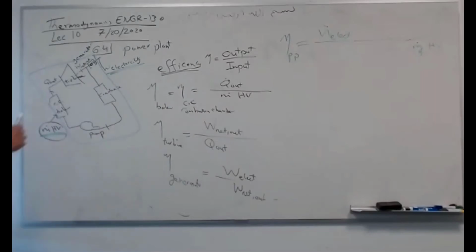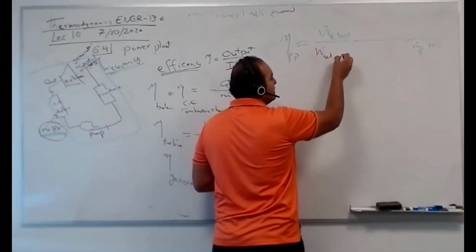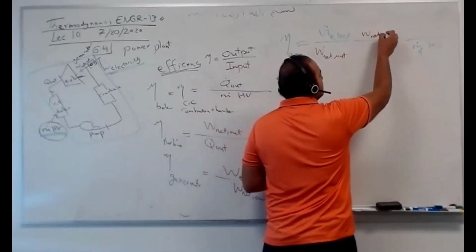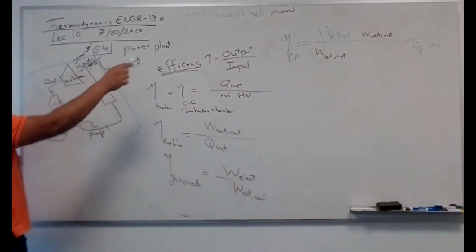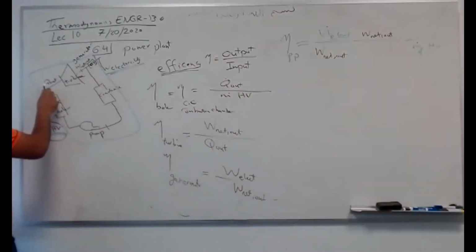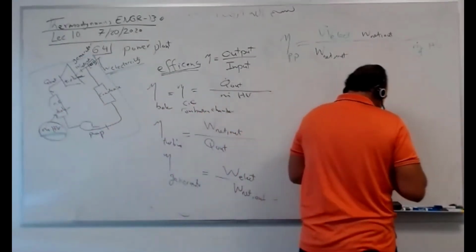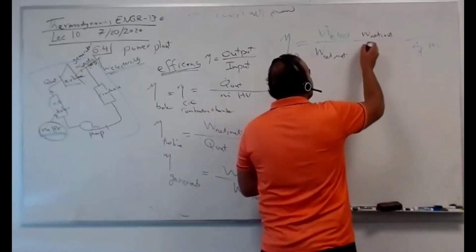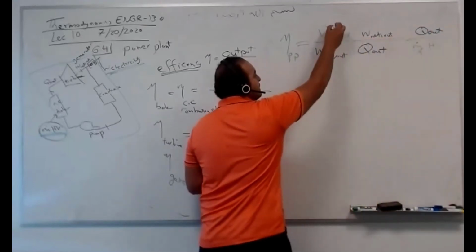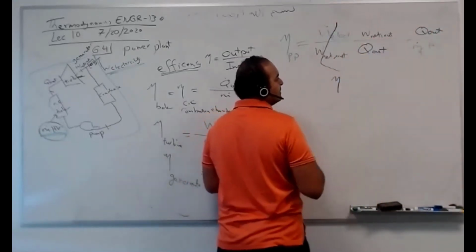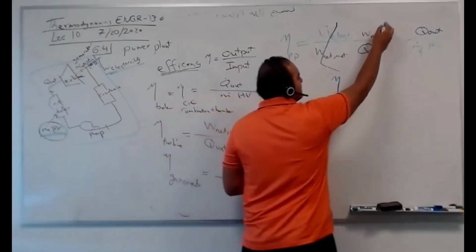So if I add this guy again, let's say I add W net out, W net out. I did nothing wrong. If I add W net out, division and multiplication, it's okay. The same for Q out. If I add Q out, for example, Q out, Q out. Guys, what is this? Eta generator. What is this?